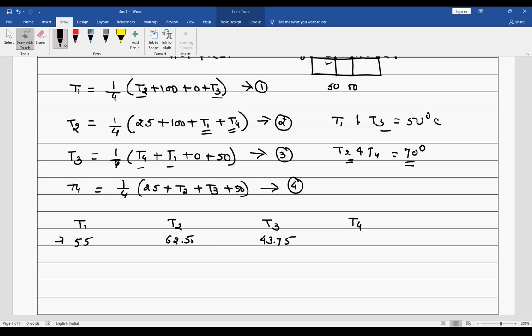43.75. So let us use the latest value of T2, which is 62.5, and T3, 43.75.